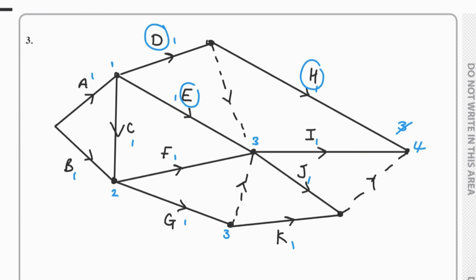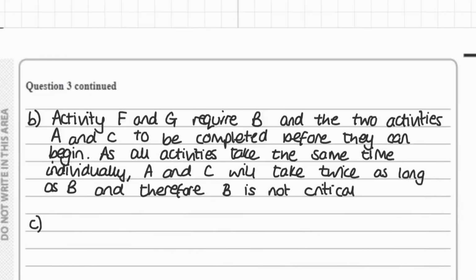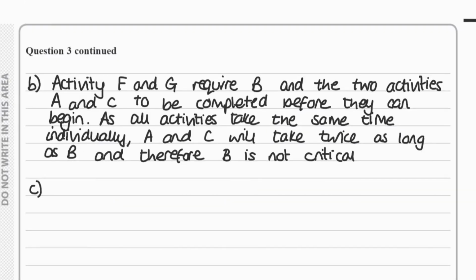I've done that by quickly working my way round, and because I know they're all the same length, I can say whatever length I want, so I'm just saying duration 1 here, and working out whether there is going to be any float time on those activities. So the activities which are not critical are D, E, and H. The other activity, B, we've already worked out.